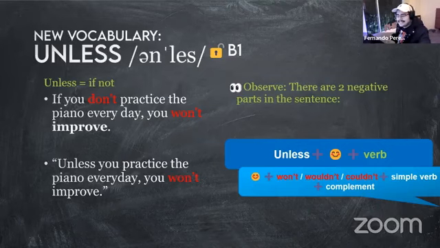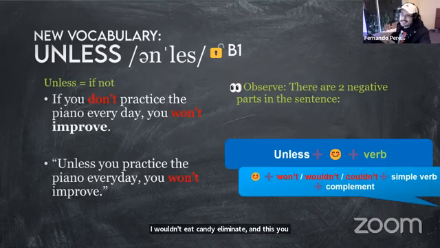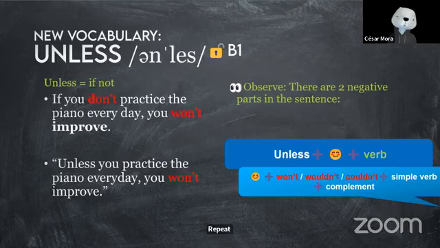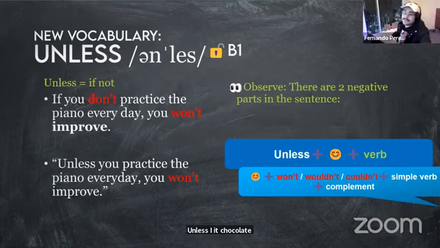Eliminate candies. You cannot say candy in plural because hashtag English. This is an exception. Okay. Repeat. Unless I eat chocolate, I wouldn't eat some candy. Formula for second conditional.